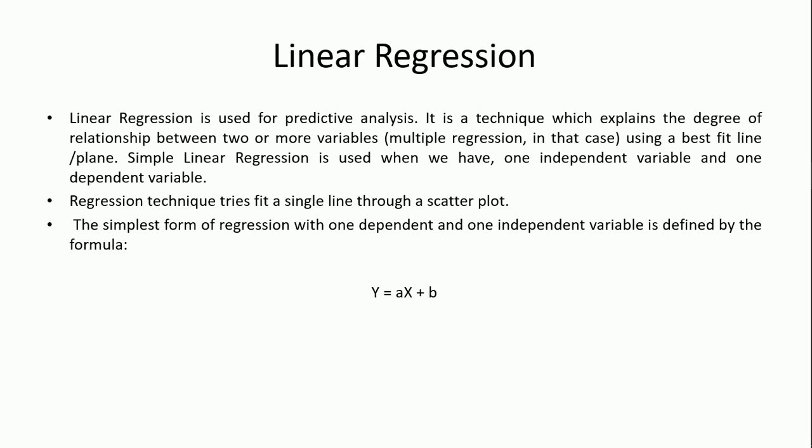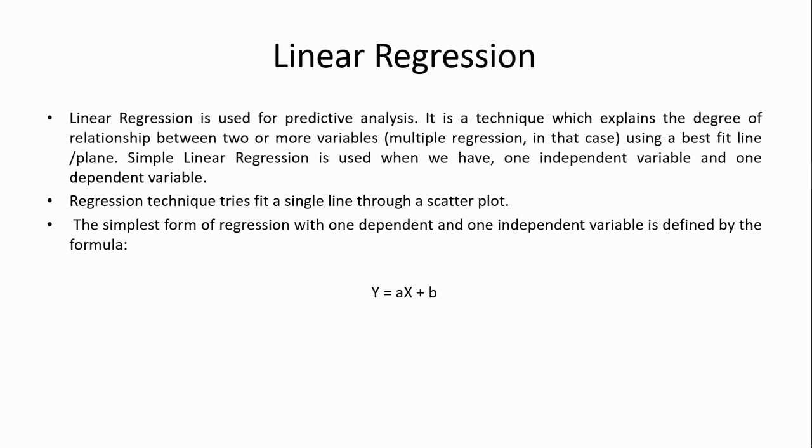In linear regression we have two types: simple linear regression and multiple linear regression. Simple linear regression is a regression in which there is only one dependent variable and one independent variable, while multiple regression is when there is more than one independent variable.